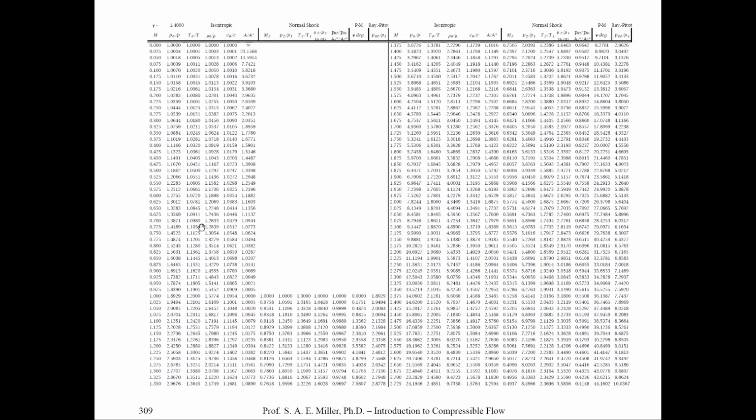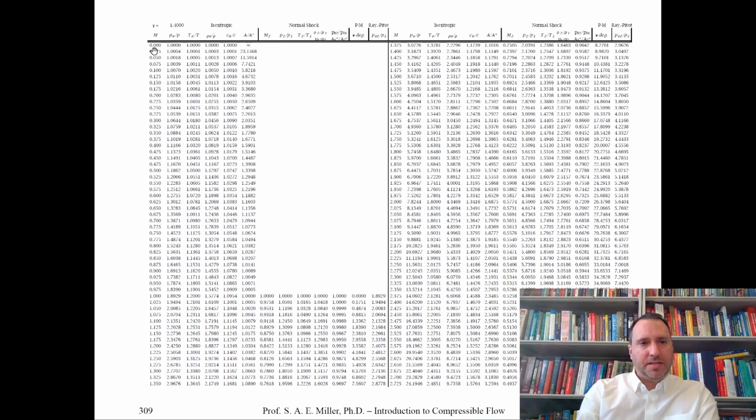For each row, for Mach, say 0.7, we have P naught over P, T naught over T, rho naught over rho, and C naught over C. As Mach number increases and gets to 1, we get values of P naught over P of 1.8929, 1.2 for temperature ratios, 1.5774 for density ratios, 1.0954 for speed of sound ratios, and A over A sup star of 1 for Mach 1.